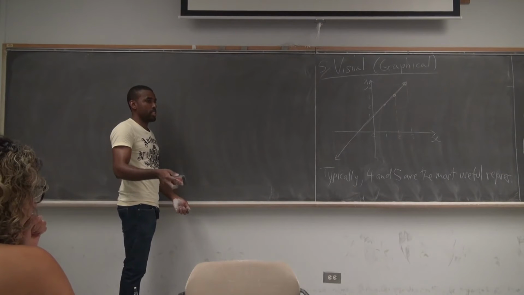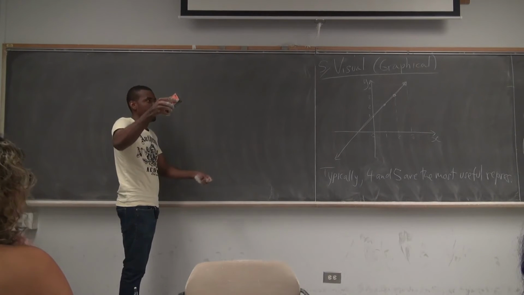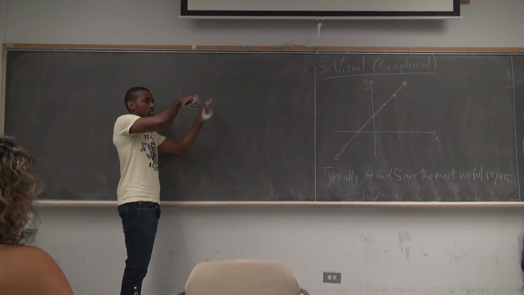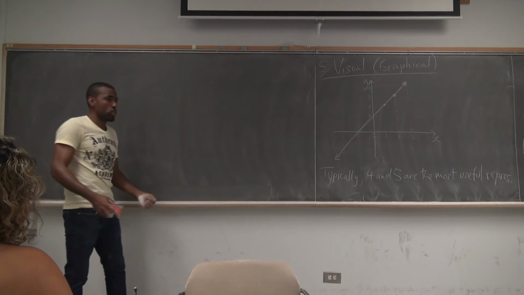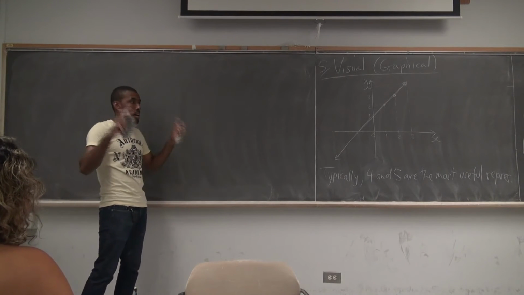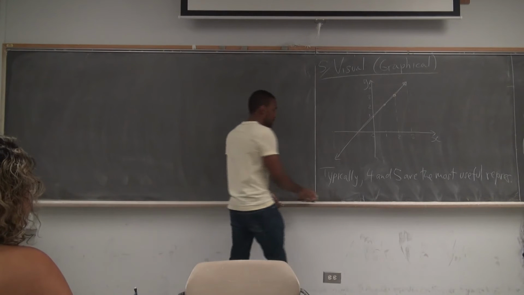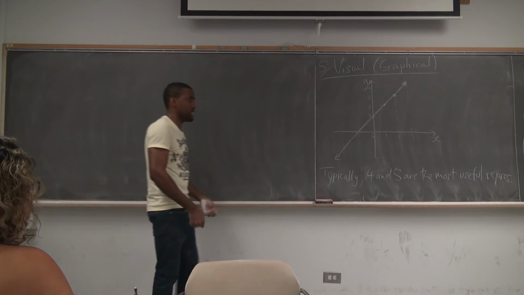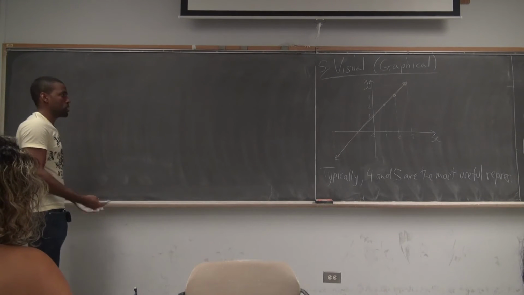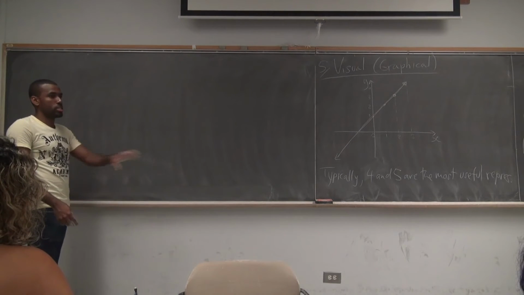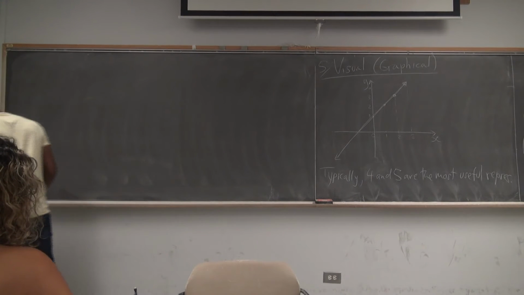At this time of the day, this was the temperature. At that time of the day, that was the temperature. You can use a function to track the temperature throughout the day, where you look at your input as time and your output as temperature. So when you see those graphs on the news channel, it's a function. That's what they're doing. They're relating temperature to time.